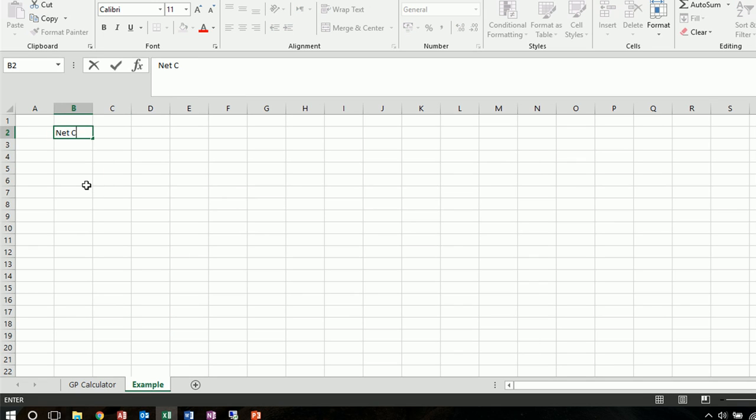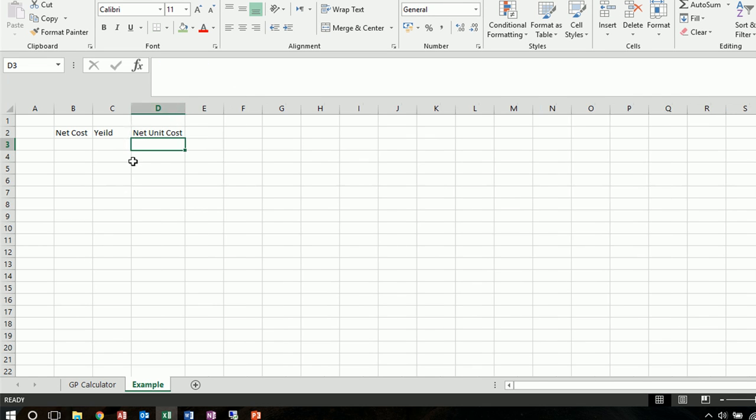So net cost, yield, and then the net unit cost. And if you click on there, it will make it as big as the writing. So yield is what's inside the bottle or the keg or whatever it is. It's how many it holds.